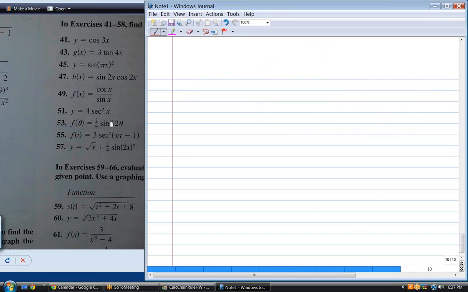Let's do 53. 53 has two insides. I think this might be the first one we've looked at that has two insides.